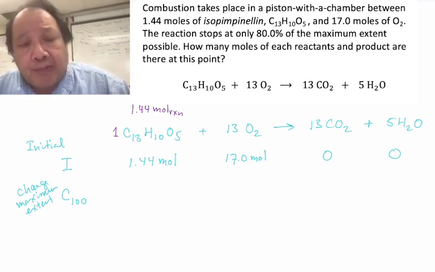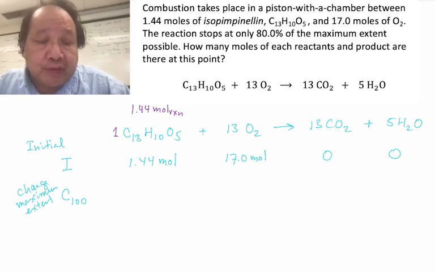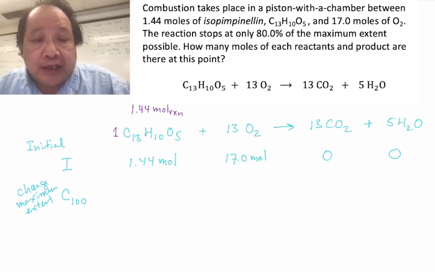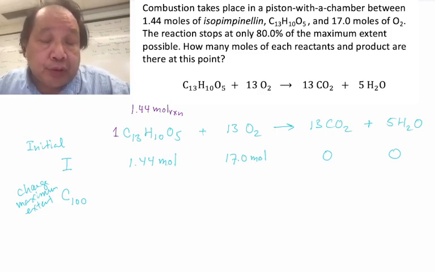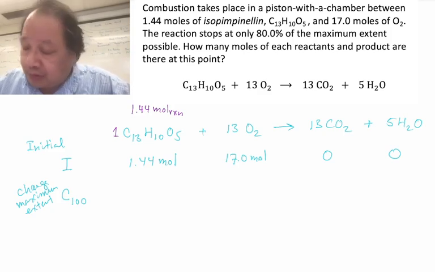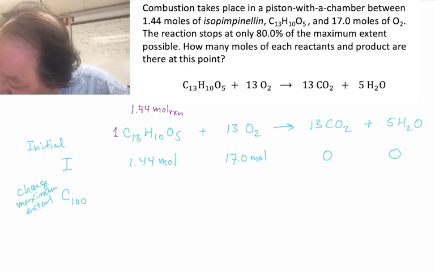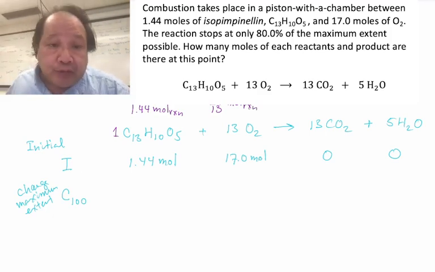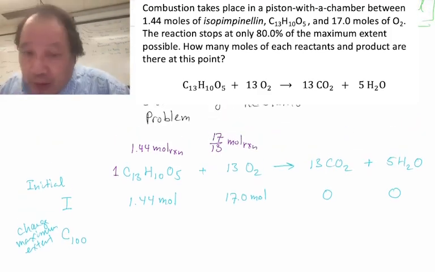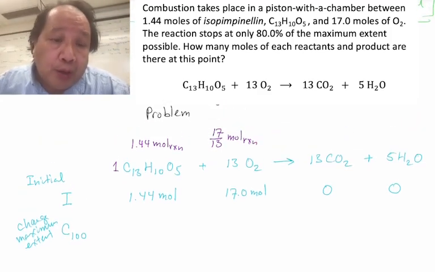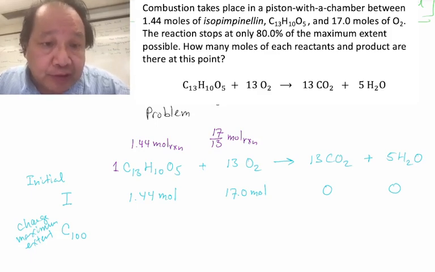So we have a lot more O2. We have 17 moles. But we can see that in the balanced chemical reaction, it takes 13 moles of O2 to run the reaction 1 mole reaction time. So if I have 17 moles, I take the ratio, and this is 17 over 13 mole reaction times. I can run it a little bit more than 1 mole reaction time, because 17 is more than 13.